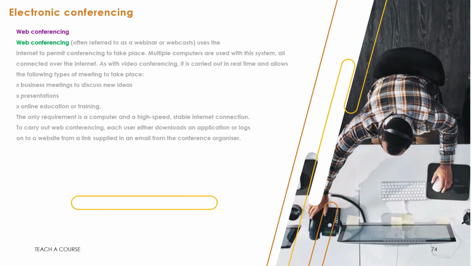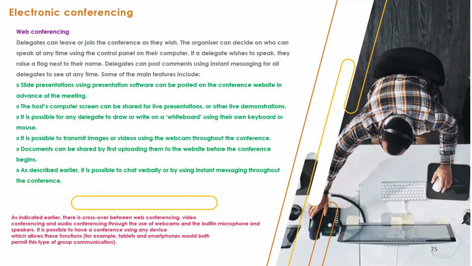As with video conferencing, it is carried out in real time and allows the following types of meetings: business meetings to discuss new ideas, presentations, online education, or training. The only requirement is a computer and a high-speed, stable internet connection. To carry out web conferencing, each user either downloads an application or logs onto a website from a link supplied in an email from the conference organizer.